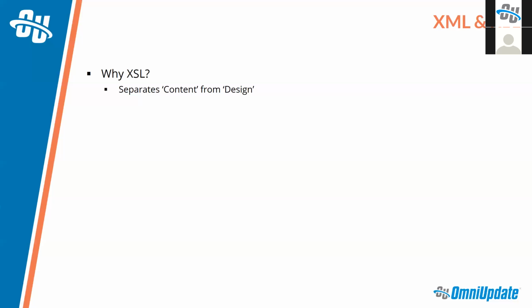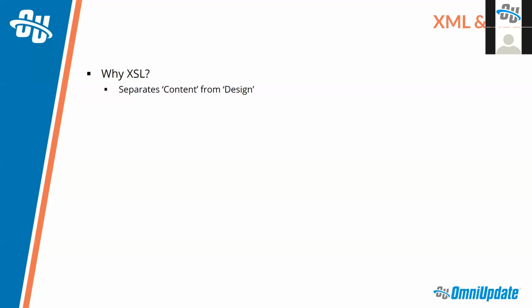And XSL was a kind of a second step to that. And in fact, its name kind of comes from that. I don't have it on my slide here, but what it stands for is Extensible Style Sheet Language. So it even has style sheet in it. And so the idea is that we are styling basically the XML content.